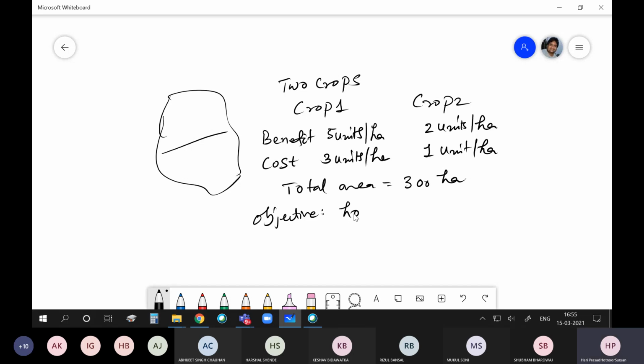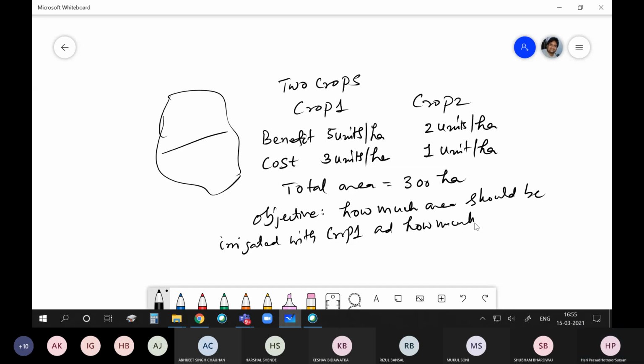So the objective is how much area should be irrigated with crop 1 and how much area with crop 2, so that net benefit is maximized.